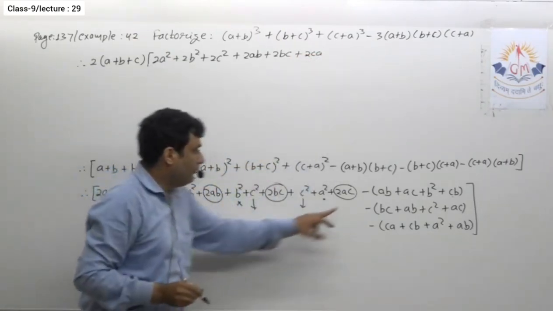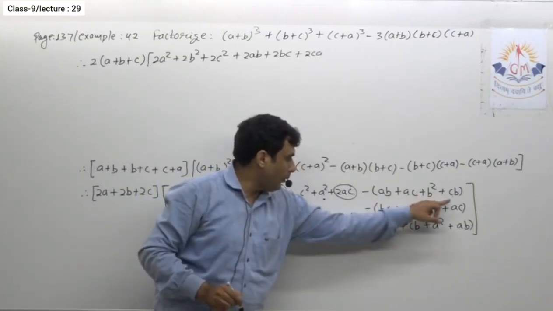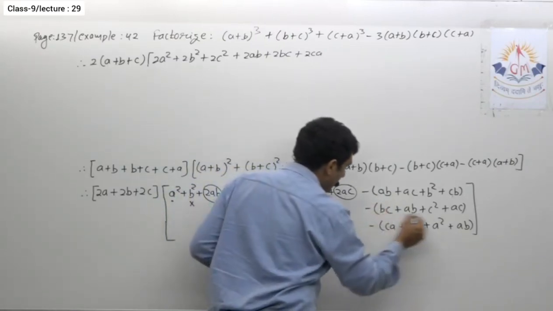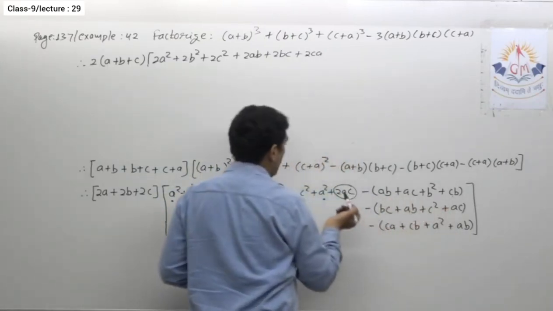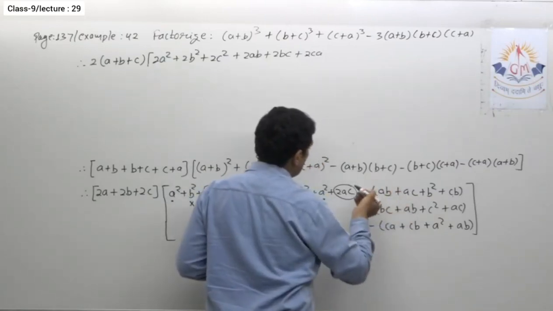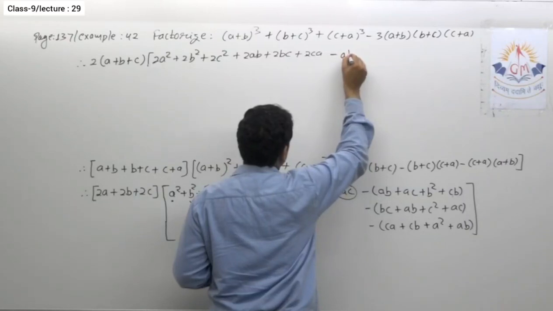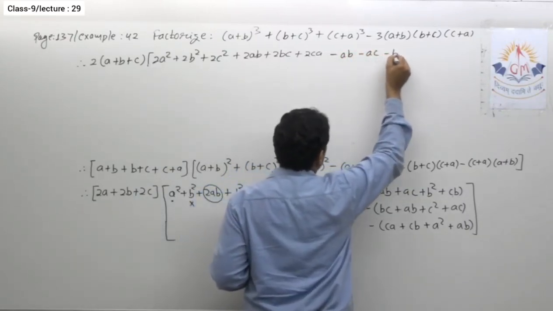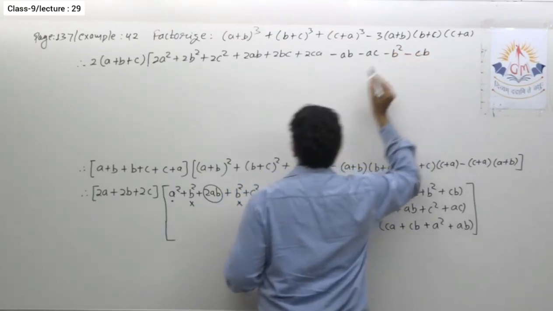Okay, now we'll open the bracket because there isn't any possibility to add them. All 4 are different terms. They are not like terms. Even in this bracket as well as in this bracket, 4 terms are not alike. So we have to just open the bracket, and here I do write minus ab minus ac minus b square minus cb.